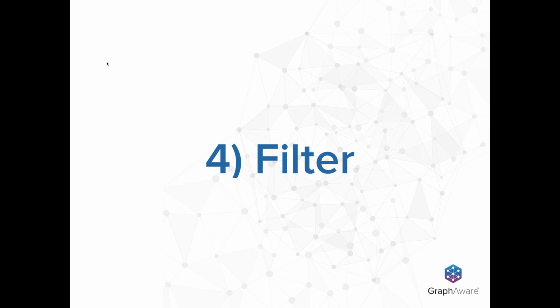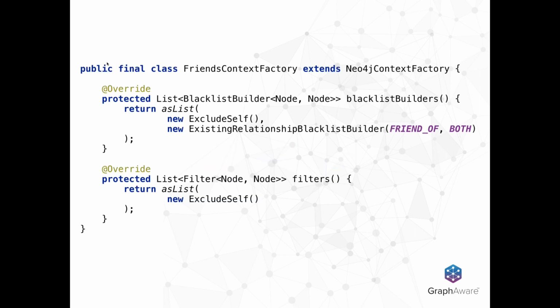Number 4 is we want to filter out irrelevant recommendations. And again, there are some pre-built building blocks for you to do that. One typical one would be implementing a context factory now, which is the component that produces the context, and the context factory knows about the blacklists and the filters I was speaking about.